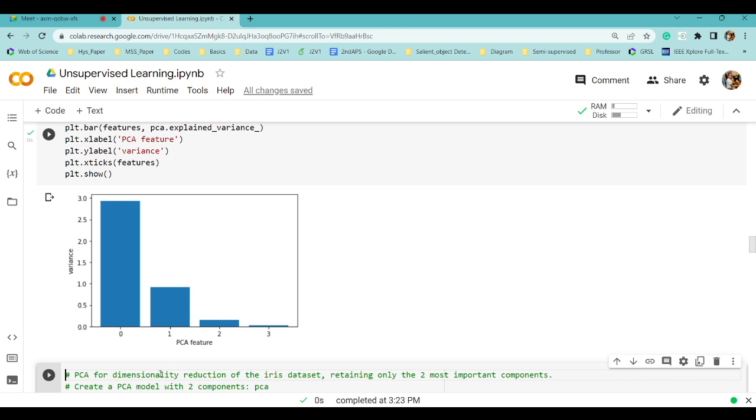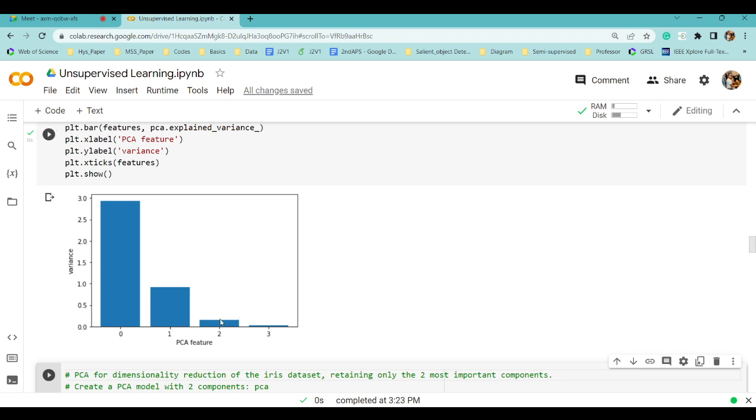Okay. So I have written over here PCA. I have done this PCA and reduced my dimensionality. I was having so many data, and I need to take just two features. So PCA for dimensionality reduction of the iris data set, retaining only the two most important components. Two most is 0 and 1. I can take 3 as well.